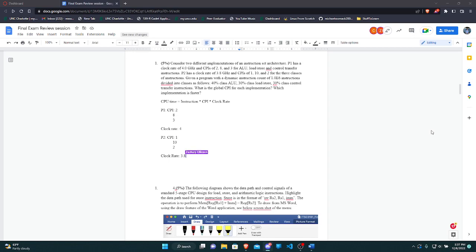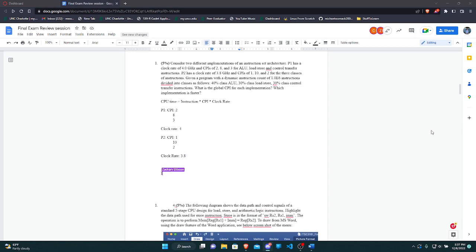Then we have the global instruction count of 1. It's going to be 1 times 10 to the 6, but for now we'll just keep it simple.